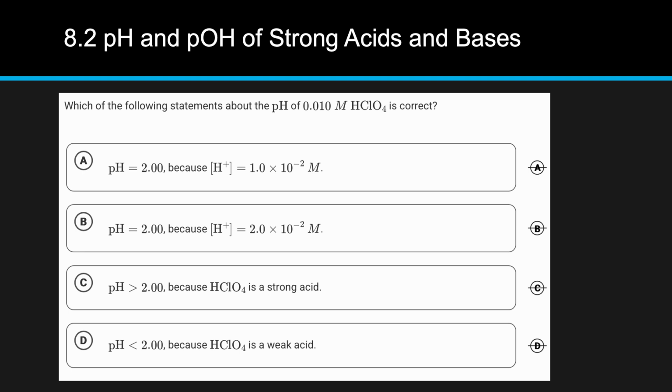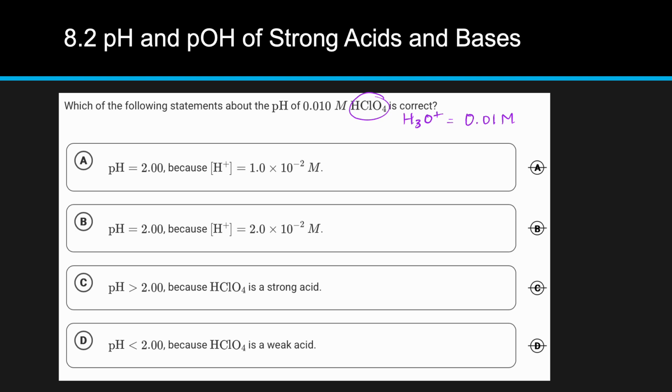All right, and our last question for 8.2, which of the following statements about the pH of 0.01 molar HClO4 is correct? So HClO4 is a strong acid, which means it's going to fully dissociate and produce hydronium ions. And they are going to be a 1-to-1 ratio. So because we have 0.01 molar HClO4, that means we have 0.01 molar H3O+.